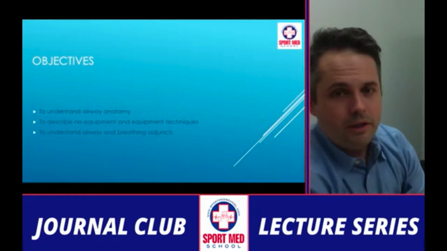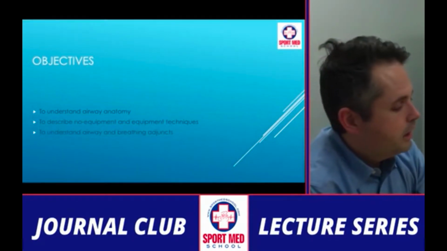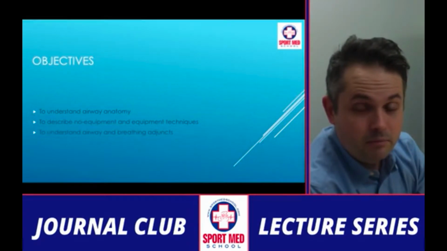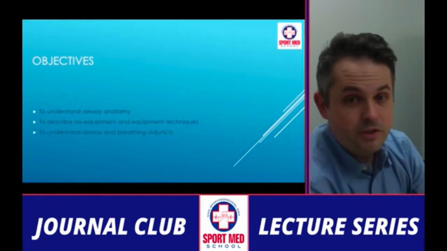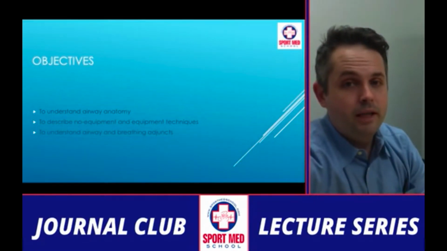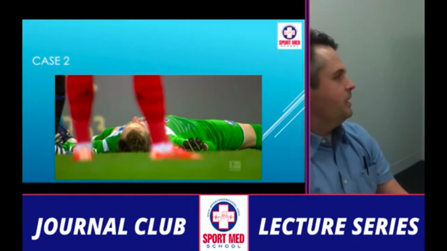So what we want to take a look at here is understanding that airway anatomy so that we can maximize our treatment in terms of airway emergencies, describe no equipment and equipment techniques, and then understand both airway and breathing adjuncts.